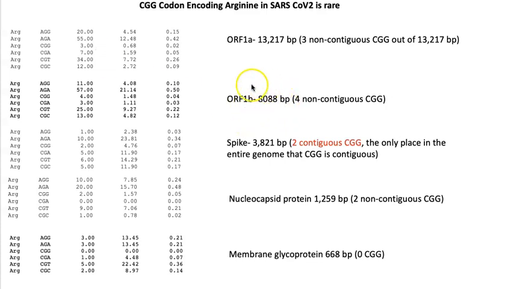In ORF1B, which is smaller but still a really big section of the genome, it only uses CGG 4 times to encode arginine. In the nucleocapsid, it only uses CGG twice. And in the membrane glycoprotein, it doesn't use CGG at all. The virus much prefers to use AGA, CGT, and other codons over CGG.